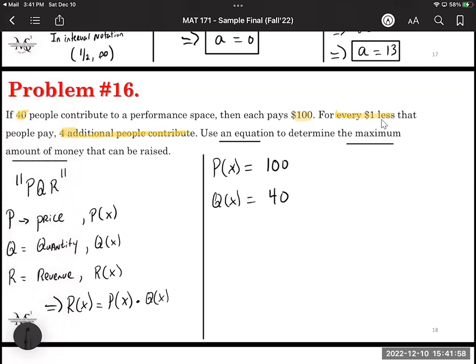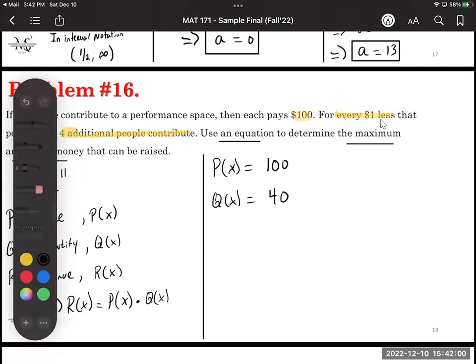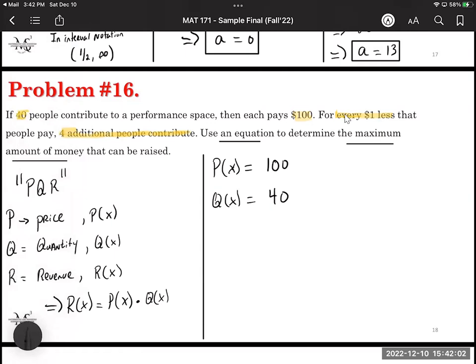So how can I express every $1 less mathematically? What does that mean, every $1 less? How can I write that out mathematically?